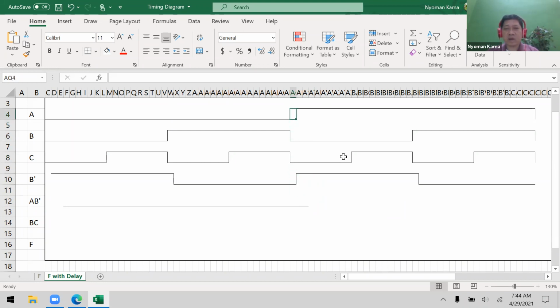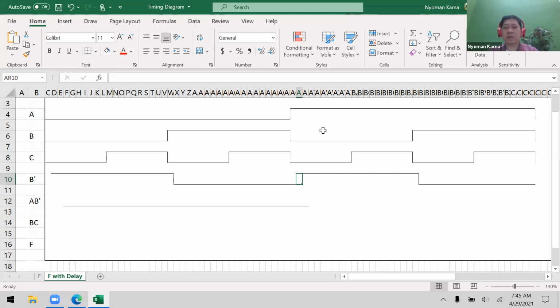However, 1 times 0 is also 0. So this multiplication will result in here. Now, 1 times 1 is 1.